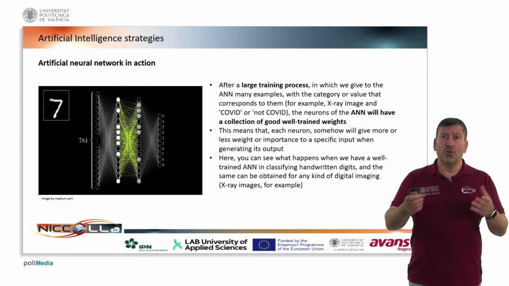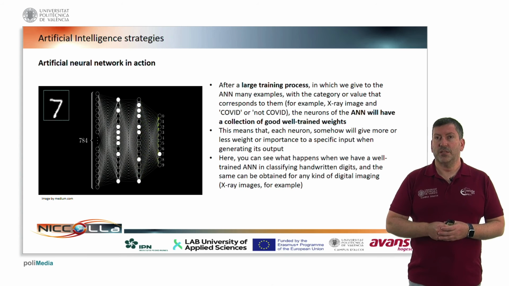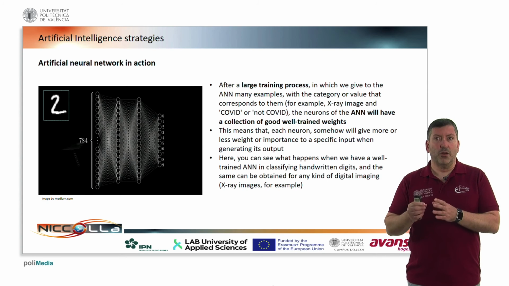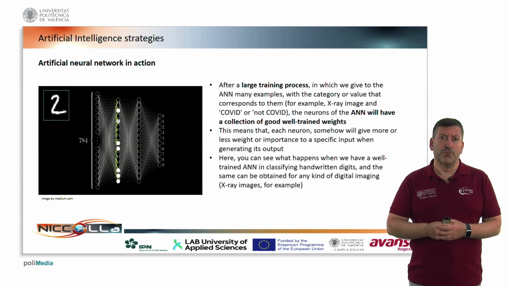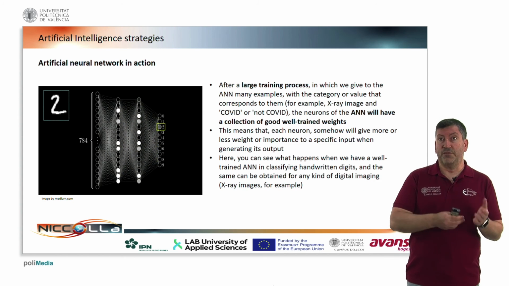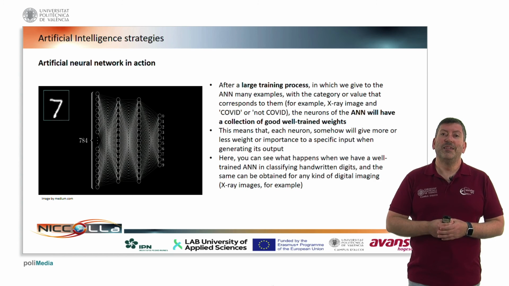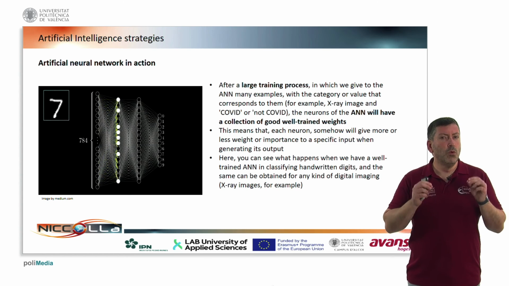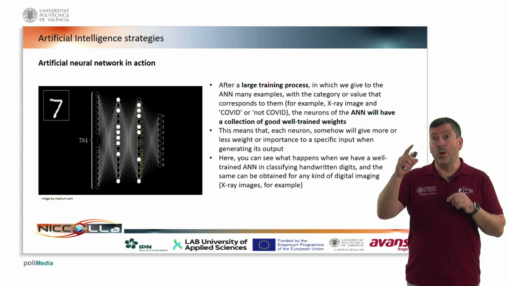So after a large training process in which we give to the artificial neural network many examples with the category or value that corresponds to them, for example, X-ray images and COVID and not COVID, the neurons of the artificial neural network will have a collection of good, well-trained weights.